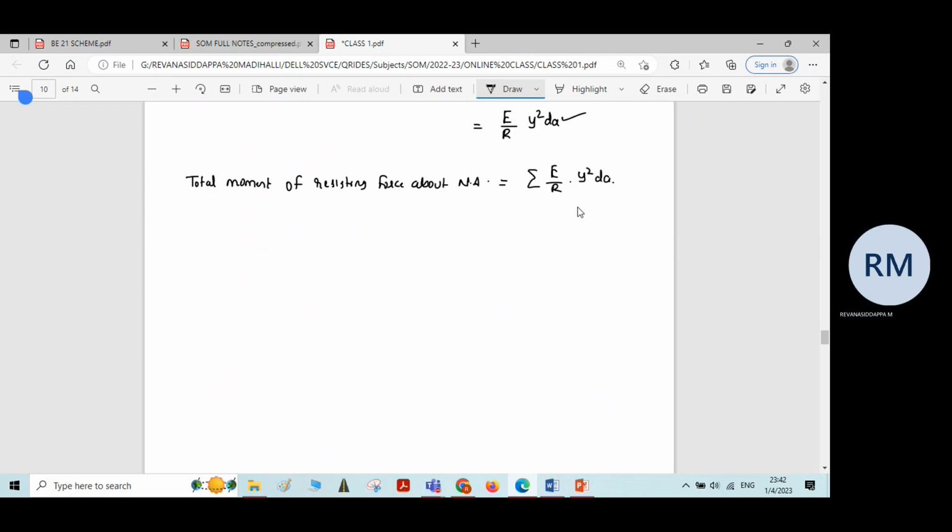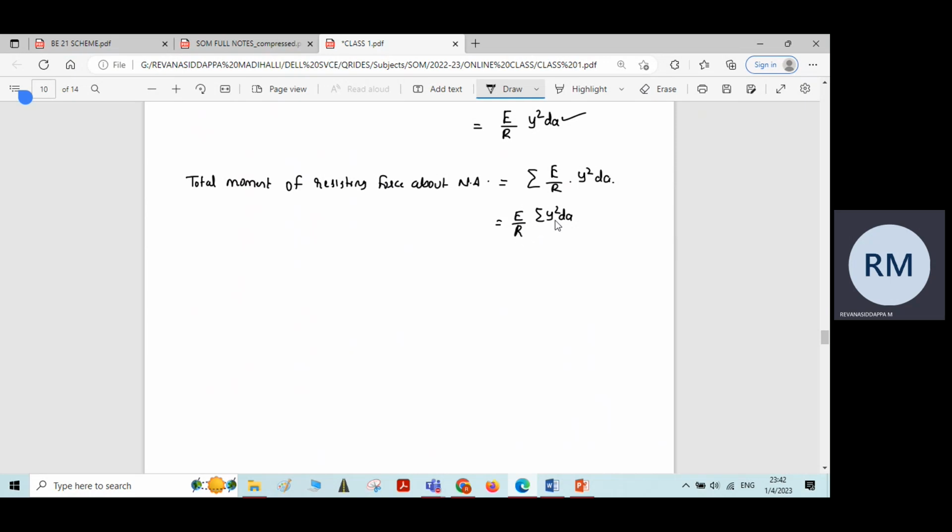Now I can write this equation as E by R into sigma y square dA, because the Young's modulus and the radius of curvature both are constants.